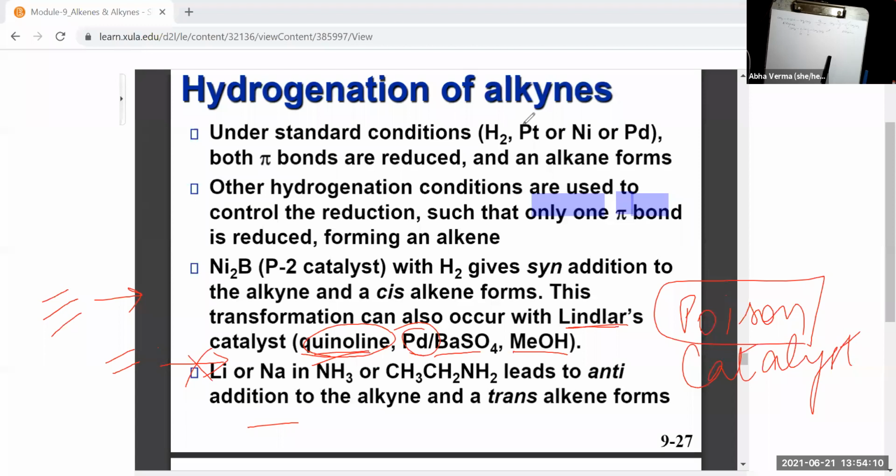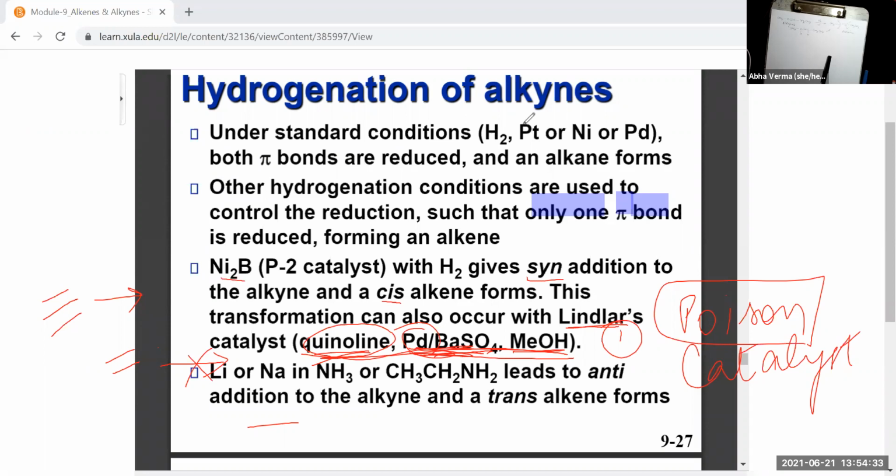So when you are given a reaction, you might be just given these 4 words. You should be able to identify that this is your Lindlar's catalyst. This is first and very important. It will give you a syn addition and you will get a cis alkene from it.